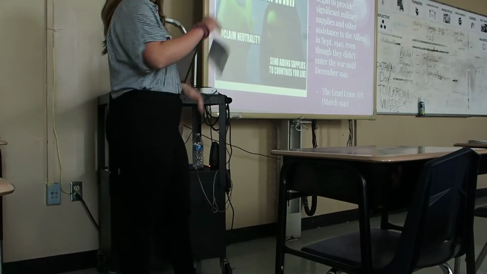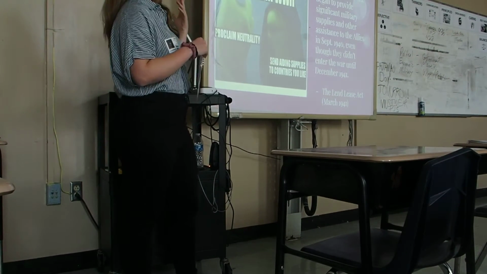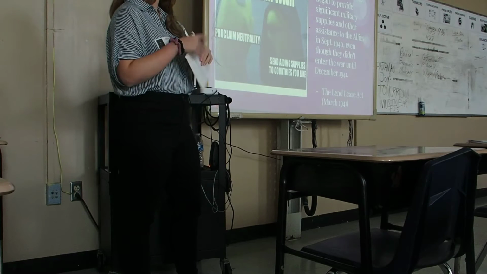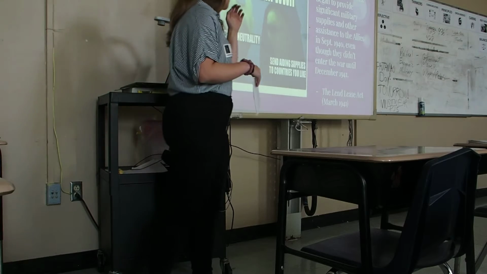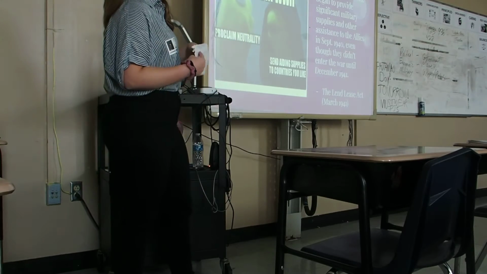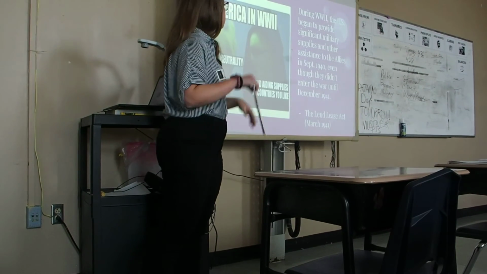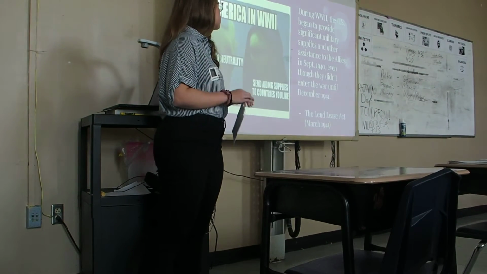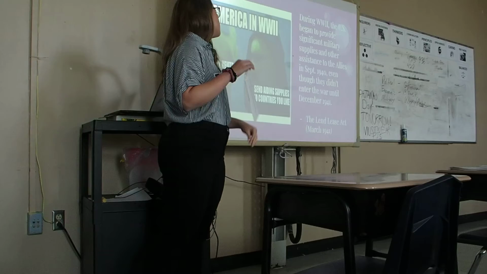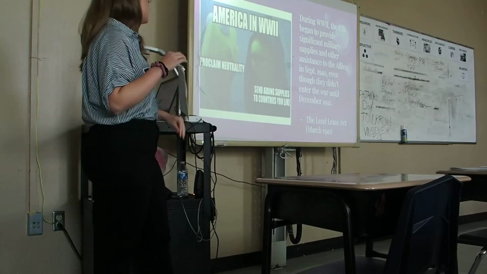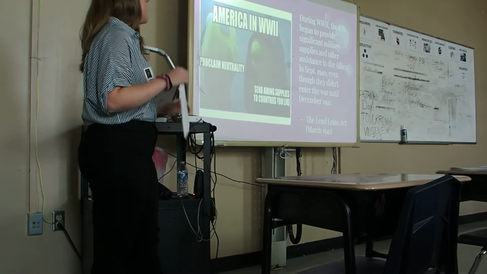So at the beginning of World War II, America was sending military supplies and other assistance to Britain and all that. So it says, during World War II, the U.S. began to provide significant military supplies and other assistance to the Allies in September 1940, even though they didn't enter the war until December 1941.